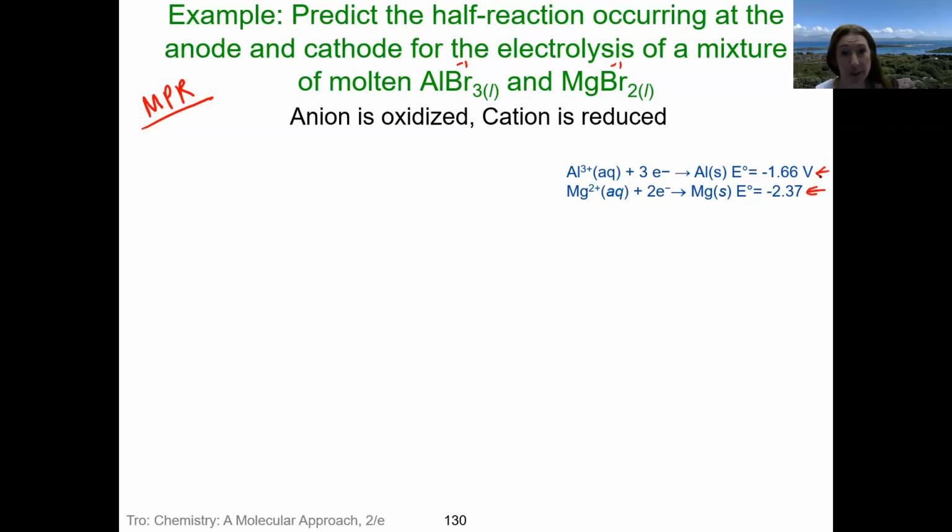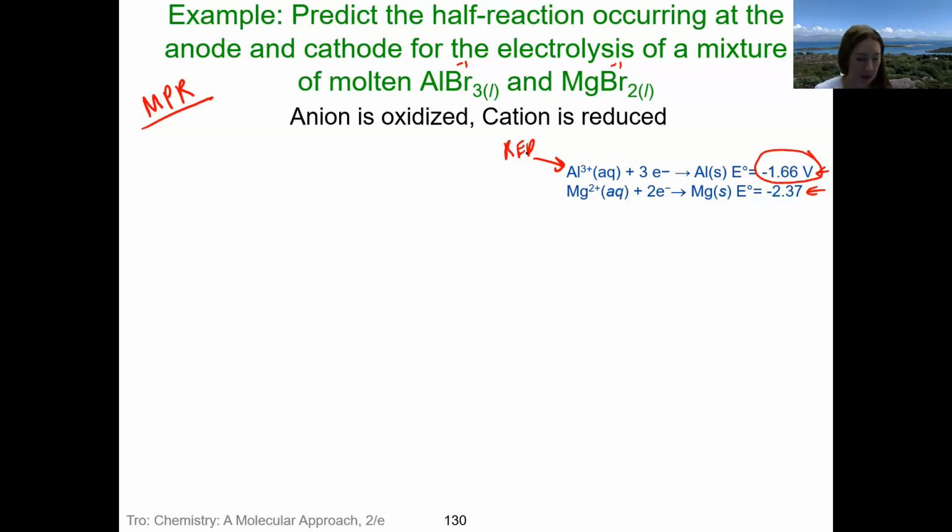These are both negative, right? But this one is more positive, right? So because the reduction of aluminum 3+ is more positive, it is the easiest, and the easiest one will occur. So this is going to be our reduction. And then bromine will be our oxidation.